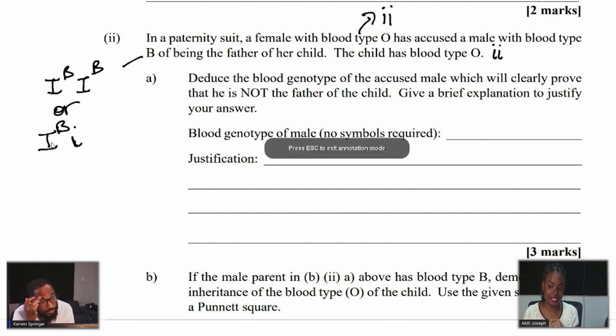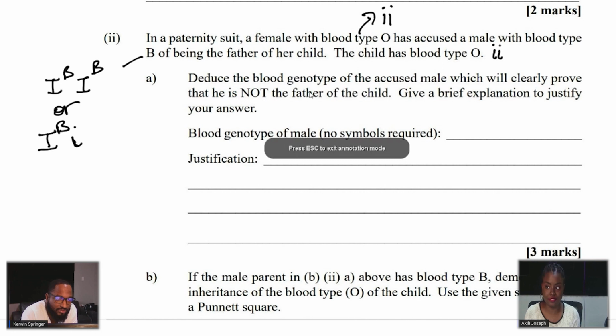If daddy is this, daddy could give you this one or this one, right? So in order for the child to be II, he or she needs to get an I from mommy and an I from daddy.